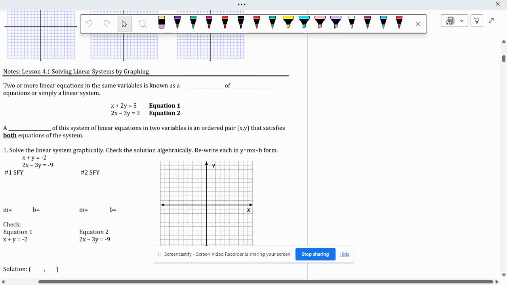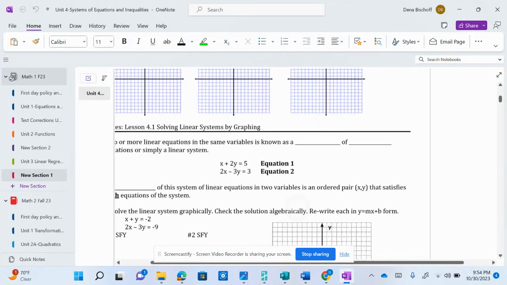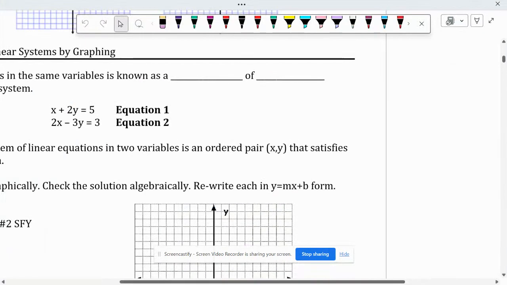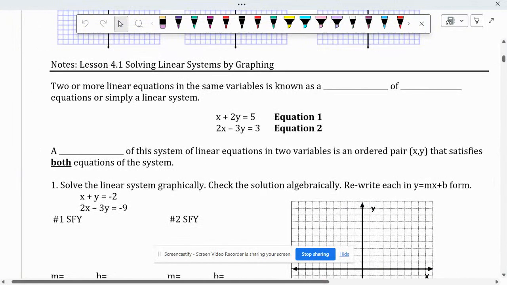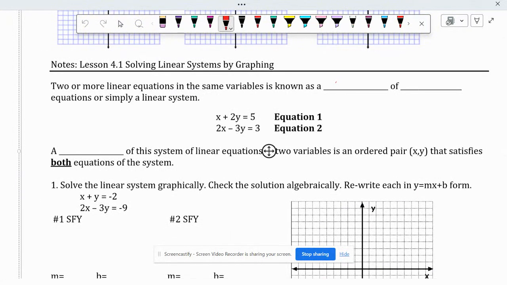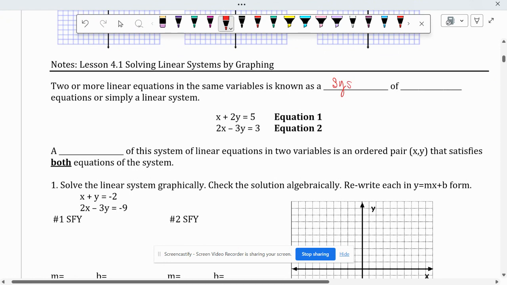So a system of equations is when you have two or more equations with the same variables. Two or more linear equations in the same variables is known as a system of linear equations, or simply just a linear system.